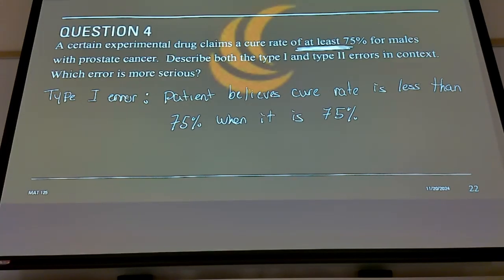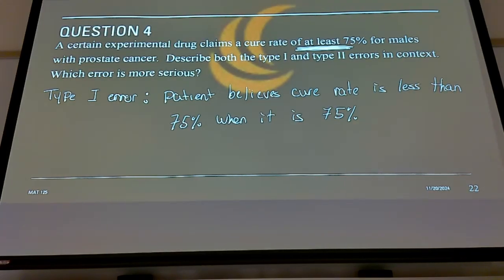So then the alternative would be less than. So when you reject the null, you assume the alternative is true, in this case, less than.